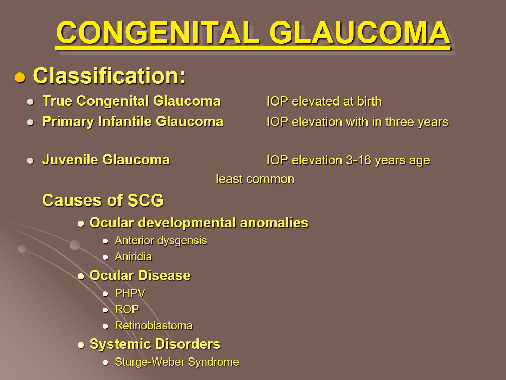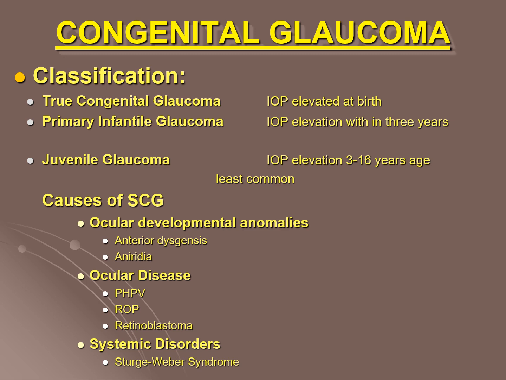And a few causes of secondary congenital glaucoma, where other diseases are involved to cause the congenital glaucoma, along with ocular developmental anomalies. So there is anterior segment dysgenesis, trabecular dysgenesis, and aniridia. Certain ocular diseases may cause congenital glaucoma: persistent hyperplastic primary vitreous, retinopathy of prematurity, retinoblastoma, and systemic disorders like Sturge-Weber syndrome.